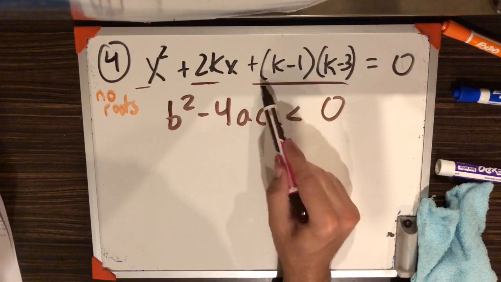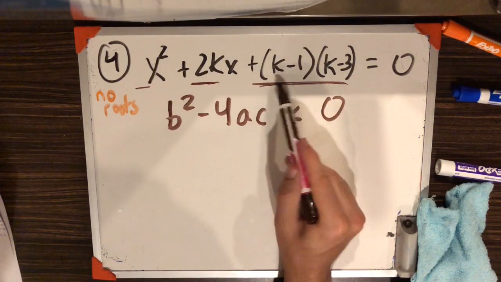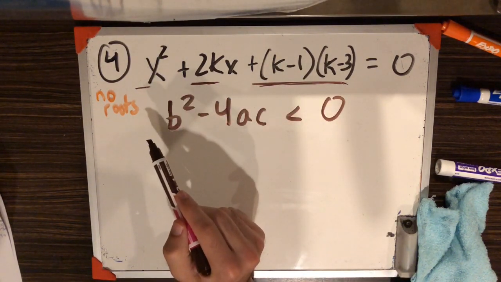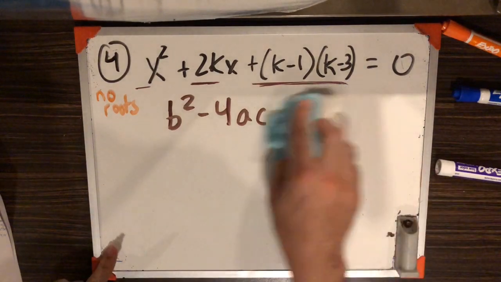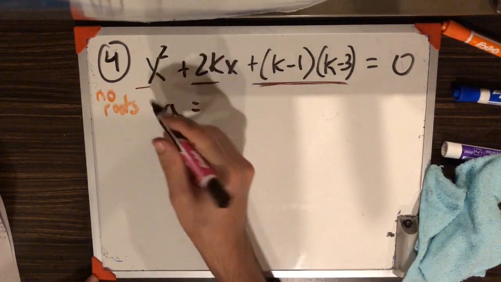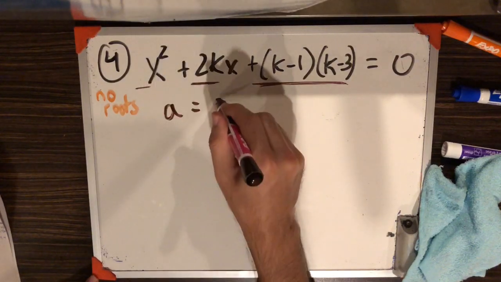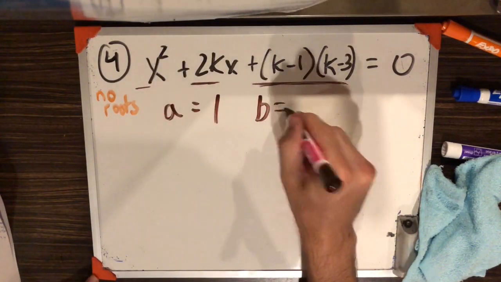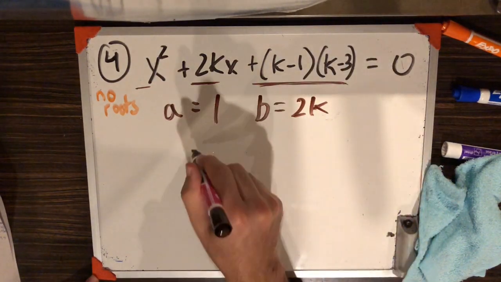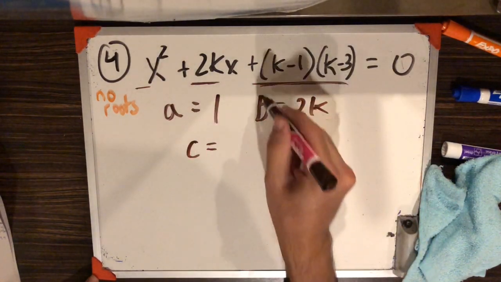This represents the c value, or the constant value, within my standard form. So this is actually in standard form, okay? So a would be 1. Okay, what is the coefficient of x squared? That'd just be 1. B would be 2k. And c would just be this value, right?